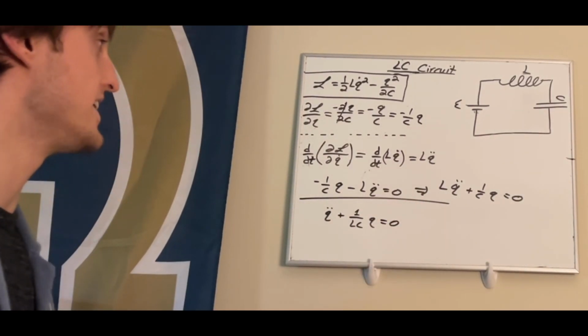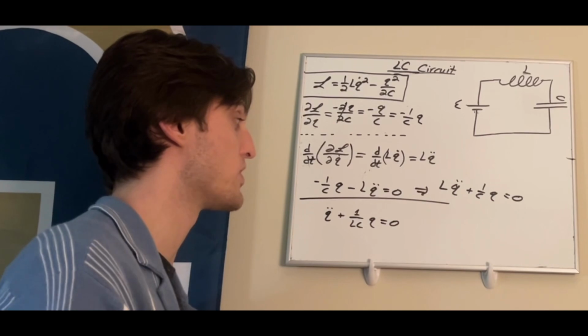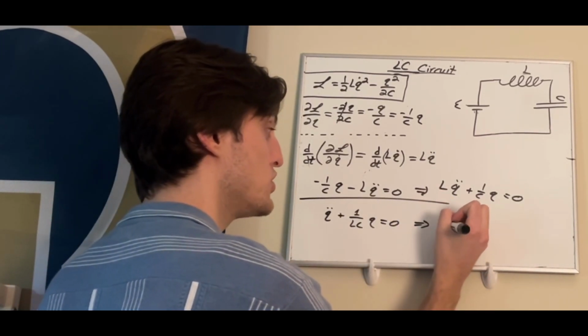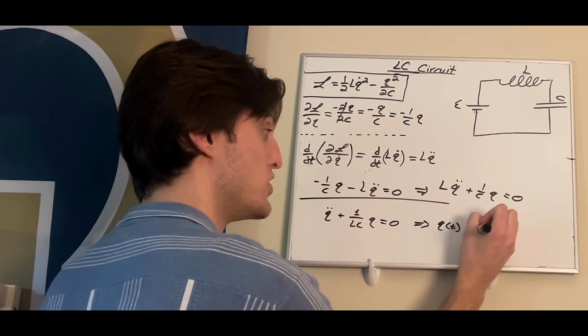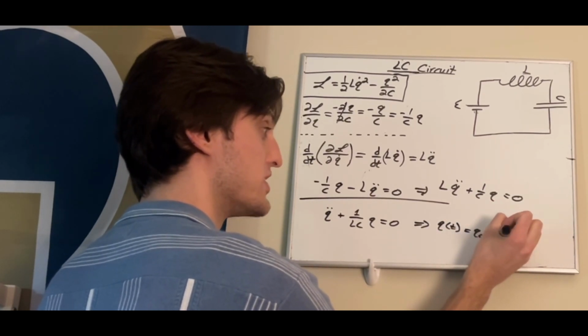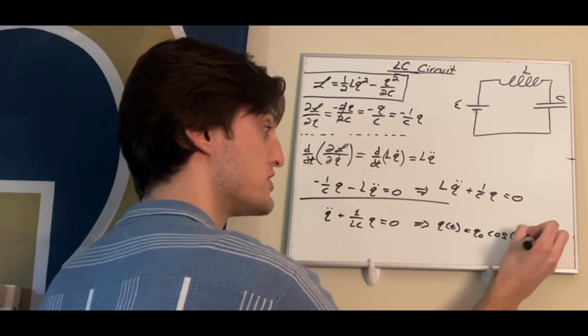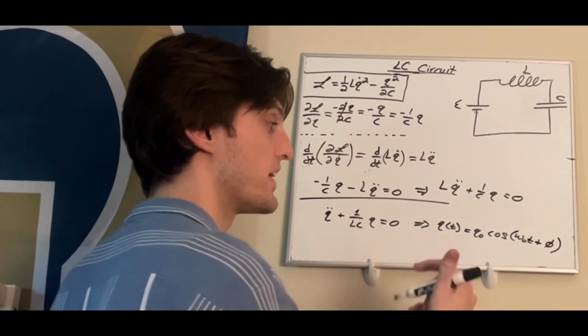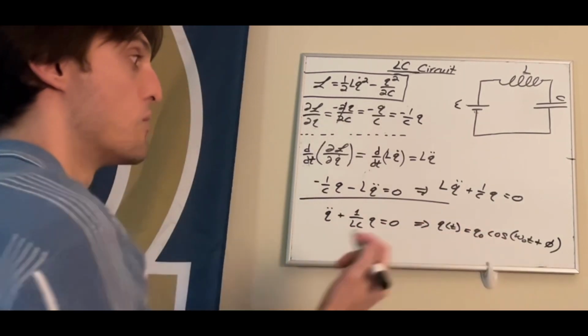This is an easy diffEq to solve with undetermined coefficients. It has a general solution of q of t equals q naught, a constant determined by the initial conditions, cosine of omega naught t plus some phi. We don't really care about phi, that's a shift angle, we care about omega naught.